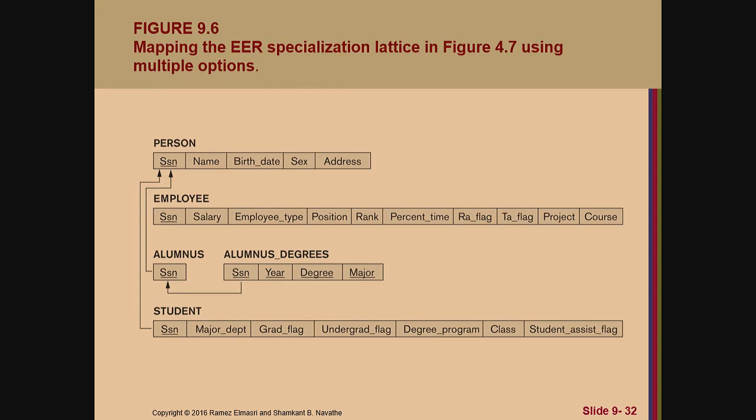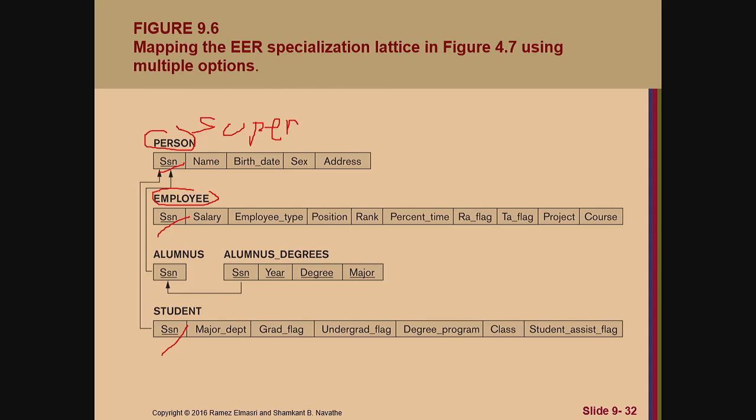Here, can you see which one? Okay, now there is a person, right? Person is the superclass. And here is the subclass employee. We also use SSN as a key, like a person has SSN, and student also has SSN.